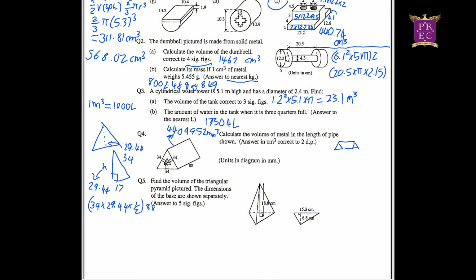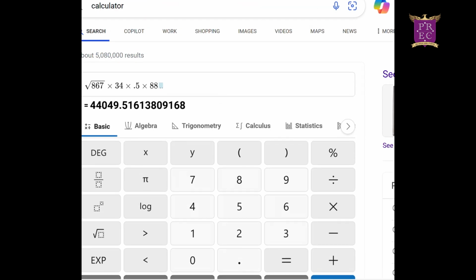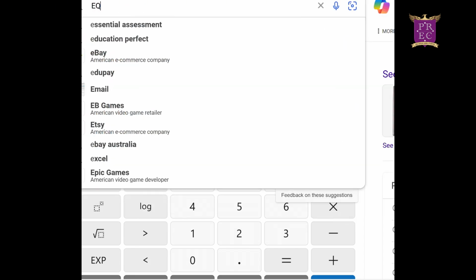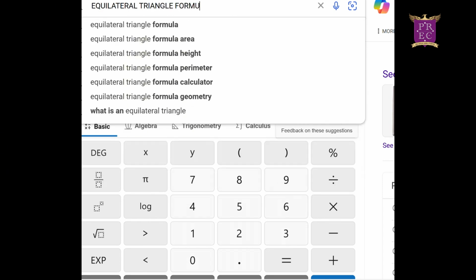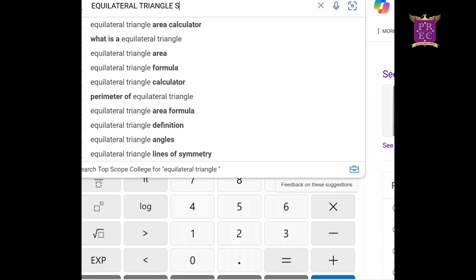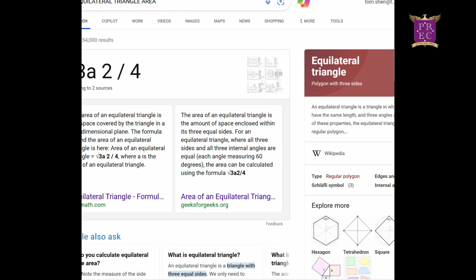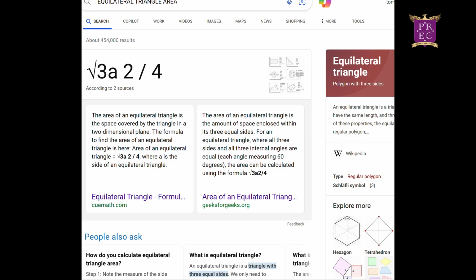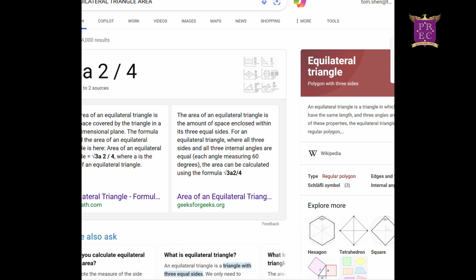Let's go back here and search up equilateral triangle area formula. And this gives us a formula that's much easier. It's √3 a squared divided by 4.